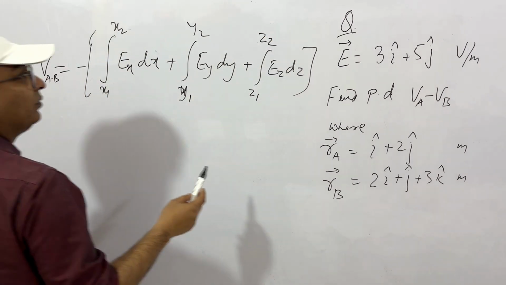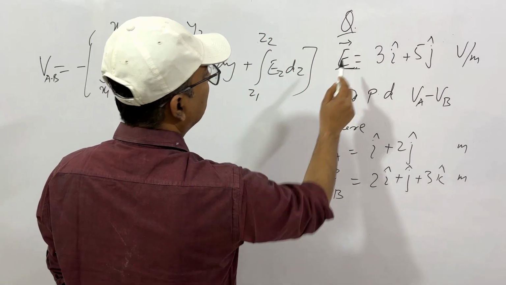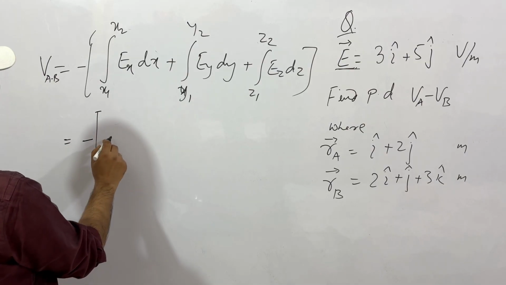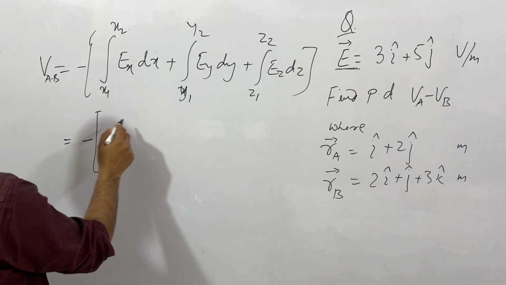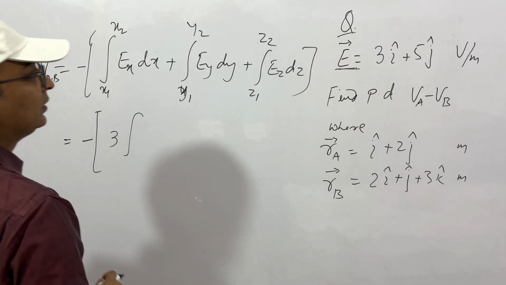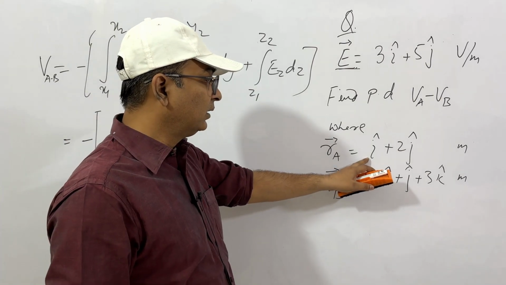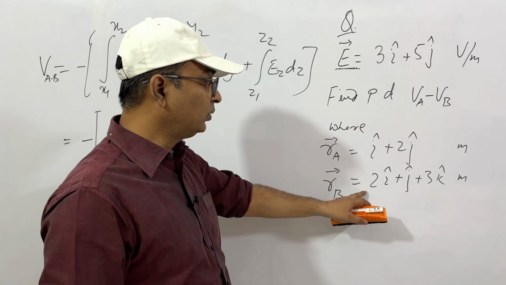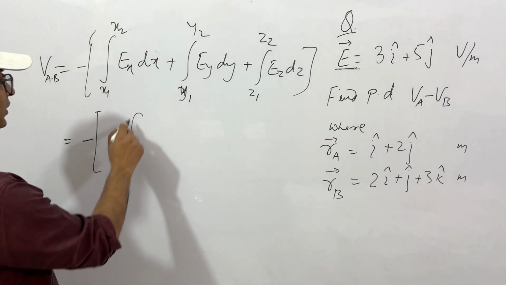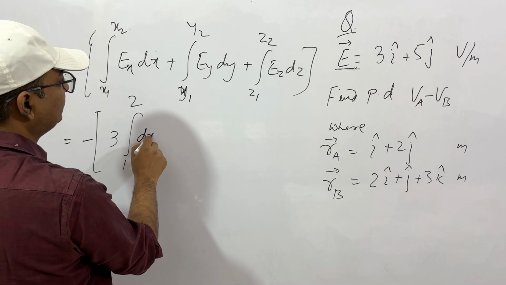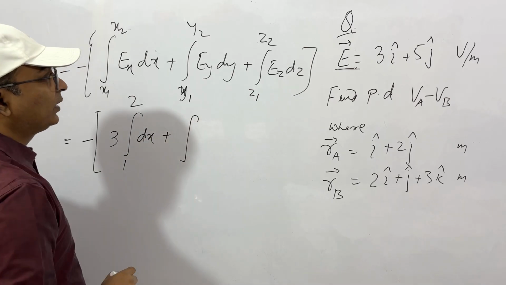Now, if you look at this electric field, Ex is 3. The limits are from x1 to x2. In the x direction, it is from 1 to 2. So from 1 to 2, and we have this as dx.